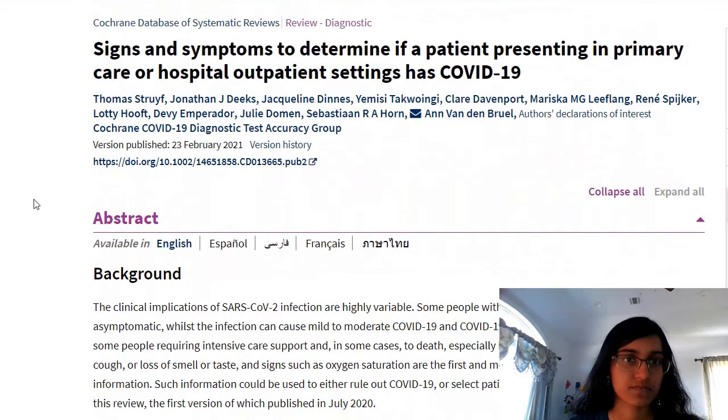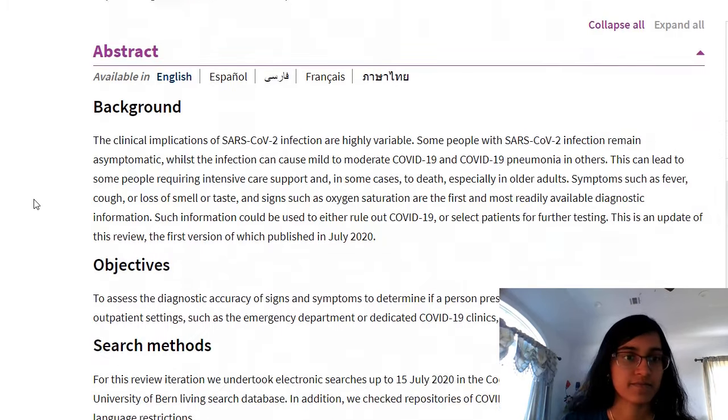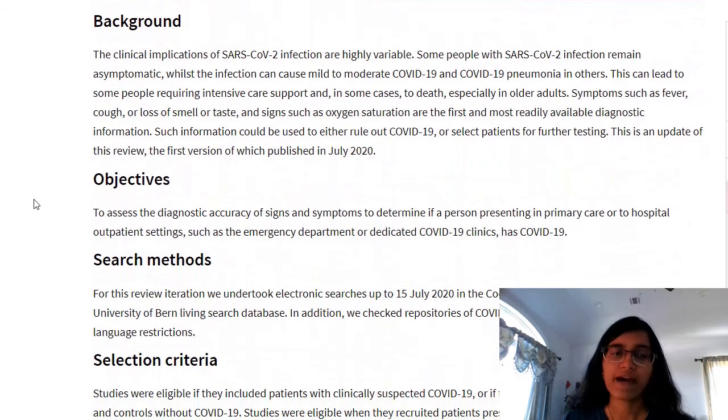So clearly this article is going to be about possible signs and symptoms of COVID-19 and how that can help with diagnosis of COVID-19, and how accurately symptoms can predict the presence of COVID. And that's kind of what is covered in the background here as well.